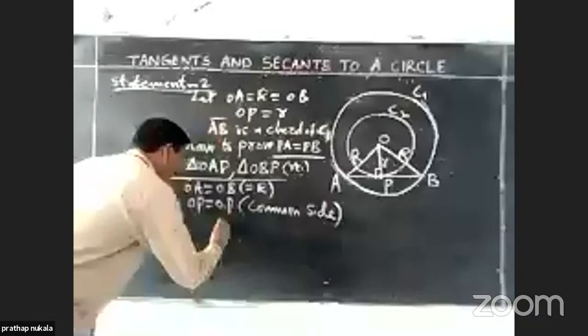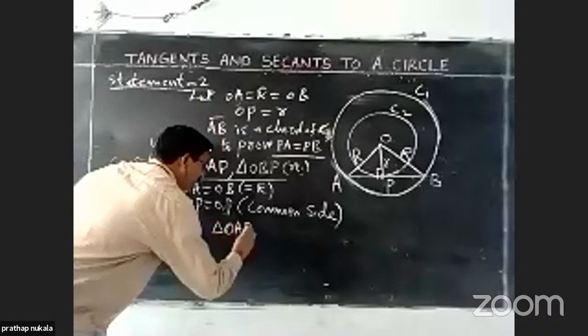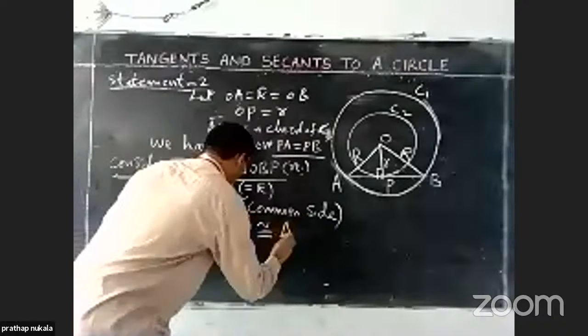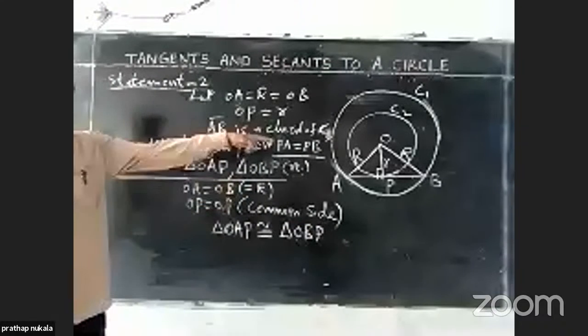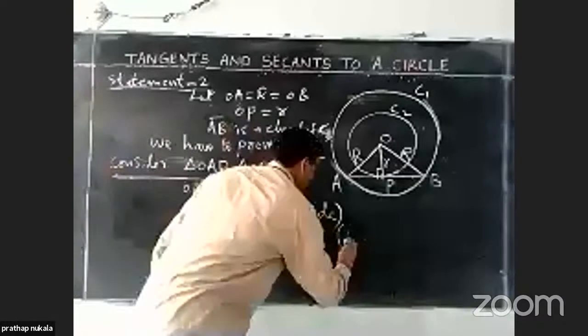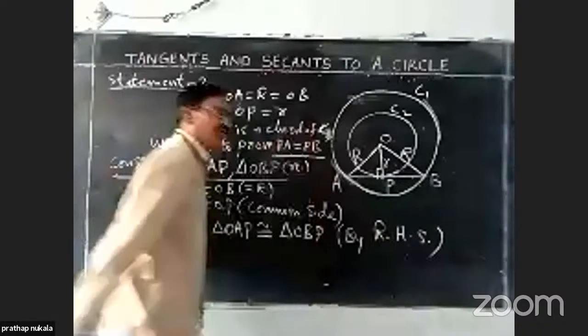Therefore, right triangle OAP is congruent to triangle OBP by the RHS congruence rule.